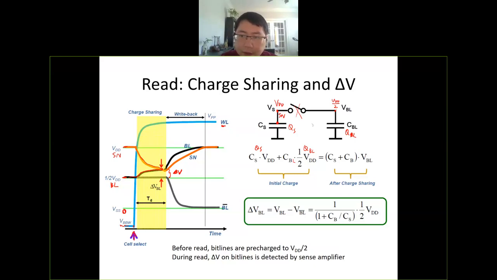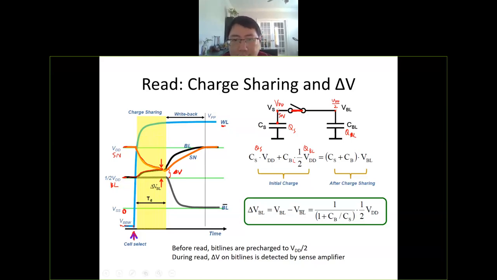And let's go back to this circuit. Before you turn on the transistor, you have this total charge on the left-hand side of the equation, so this is the initial charge. After you turn on the word line, this transistor is on, which means you close this switch because current can flow through the transistor.